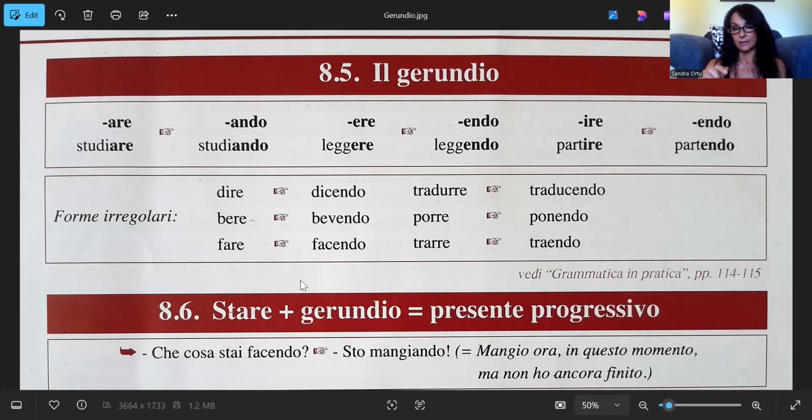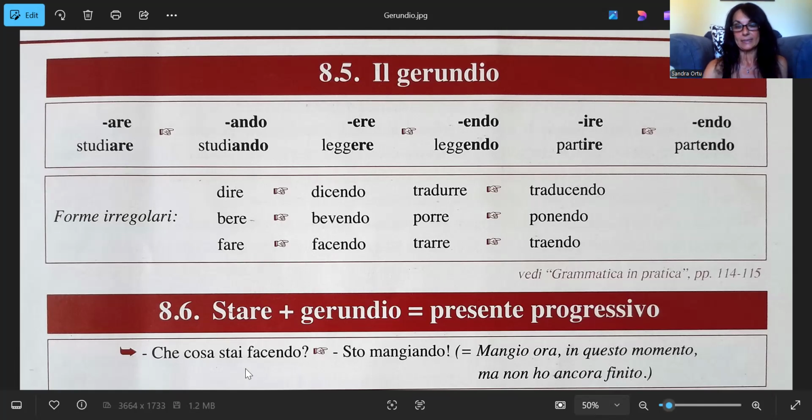In Italian, we don't use the verb to be, we use the verb stare plus gerundio. So you conjugate the verb stare. That is another reason why you should learn the verb stare, not the only reason. For example, io sto, it is an irregular verb, and then the main verb, and we attach ando or endo to it.